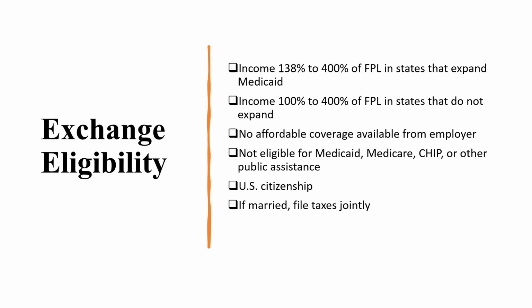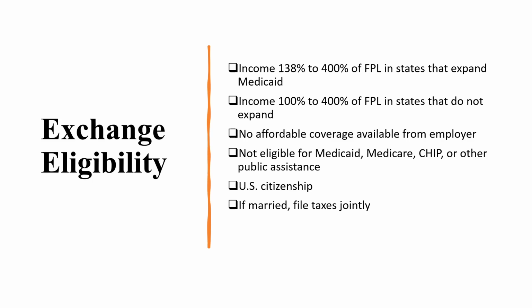And you also have to be a U.S. citizen, and if married, file taxes jointly. But I think the primary thing to remember about the exchanges is that it's based on income, and is primarily for those who make too much for Medicaid, up to about 400% of the federal poverty level.